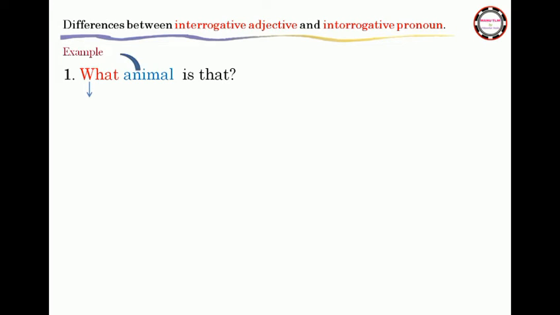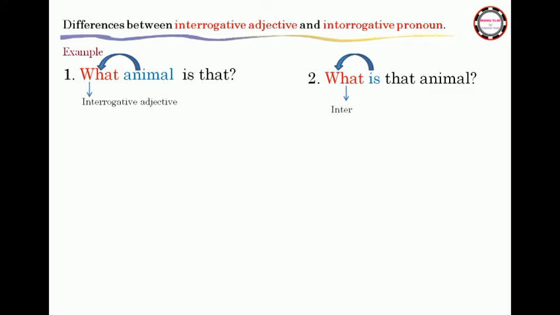Here, animal is a noun. It is placed after the question word what. It is an interrogative adjective. Second question, what is that animal? Here, is is a verb. The question word what is before the verb. So it is an interrogative pronoun.